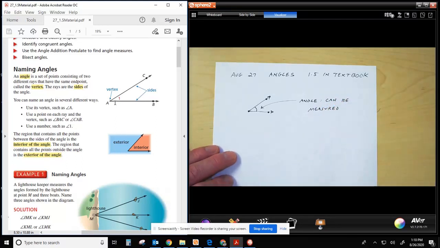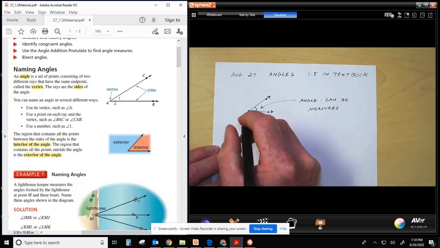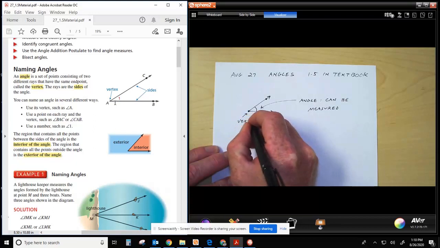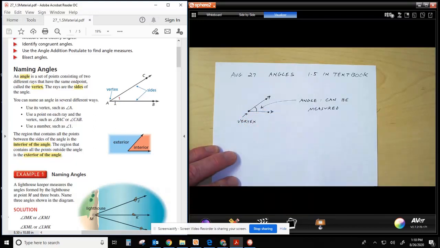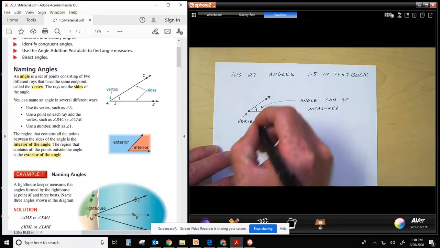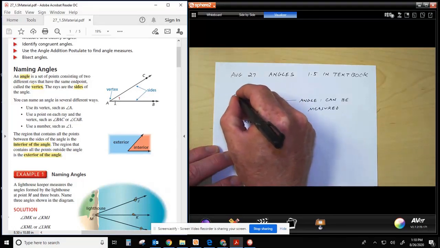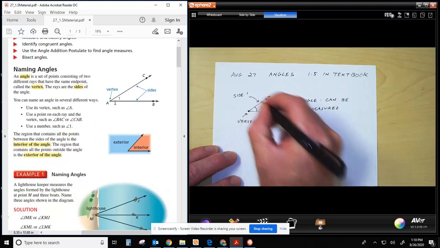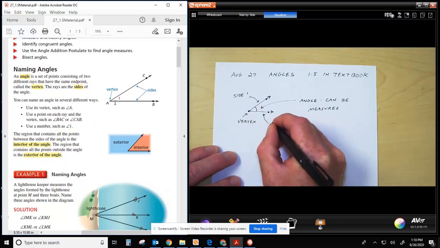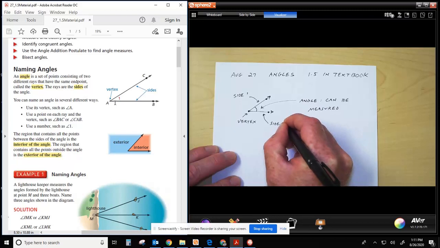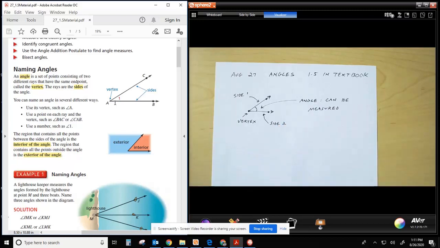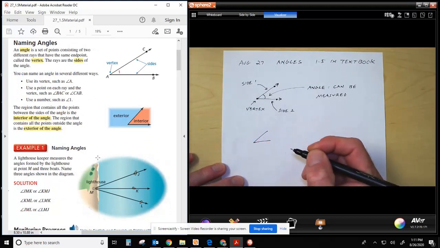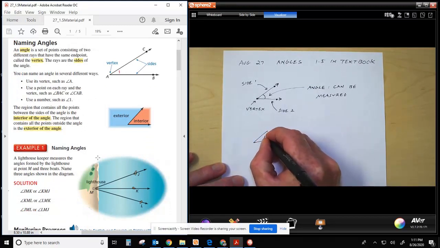A little more vocabulary. This point here, this is the vertex, where the two rays both have their origin. And then they'll talk about sides. So this is like side one, and this is side two. So there's two sides to an angle. If I drew this again, all right, this is the interior of my angle.